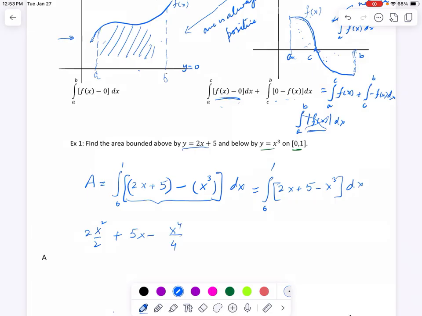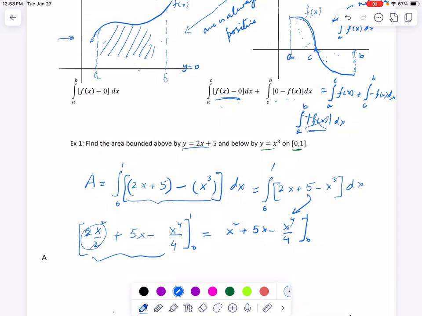And then limits from 0 to 1. Now if you saw this from the beginning, then we don't have to write the intermediate step. You can directly come to this.